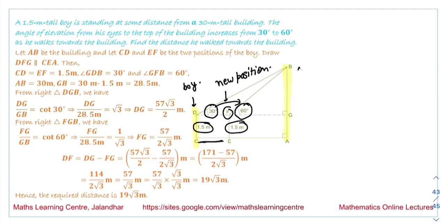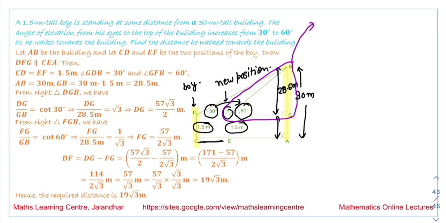The height of the building is 30 meters and this is 1.5 meters, so the remaining height over here will be 28.5 meters.